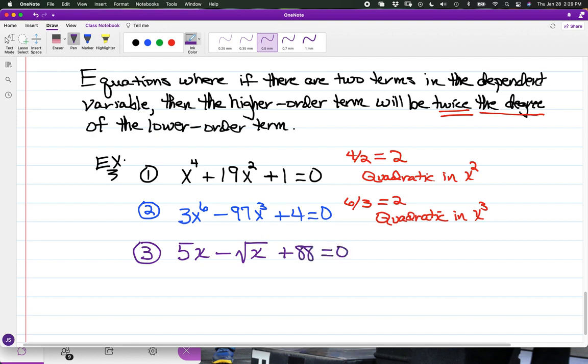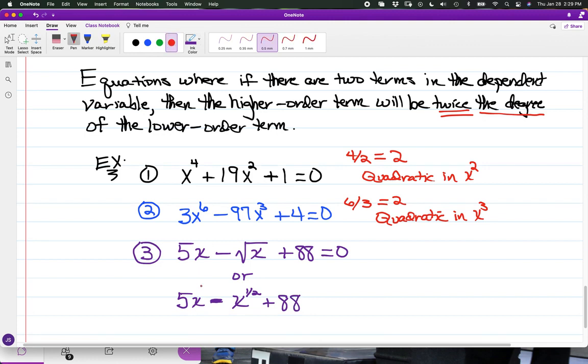Another way you could express this, remember, you have 5x. Now the square root of x, remember, with square roots the hidden index number is going to be 2. So you have the second root of x to the first. As a non-integer exponent, the square root of x is going to be x to the 1/2.